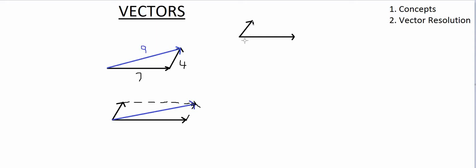To find the resultant vector of these three, you set one vector to stay as it is, let's say the top one over here, and you pick a second vector to move to the endpoint of this. So let it be this vector.